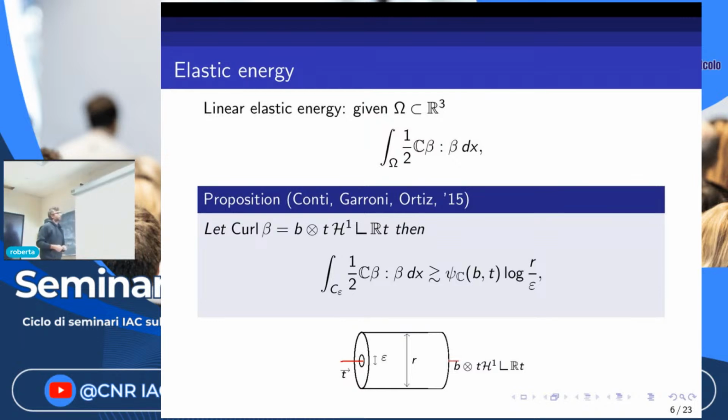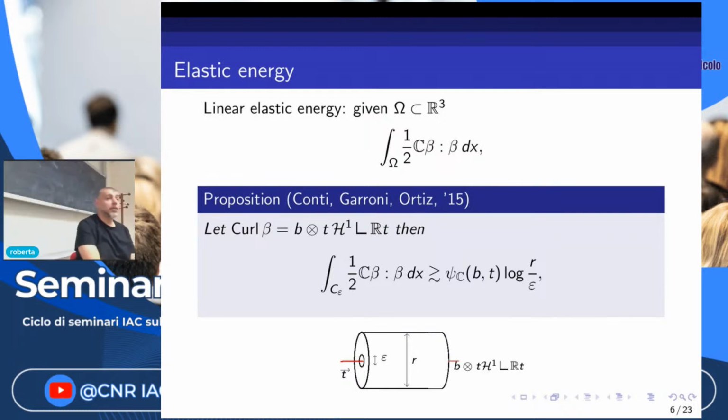As I said before, we would like to insert this analysis into the linear elastic analysis we presented before. So we would like to compute the energy of the strain field of a dislocation, in the same way we did before with linear elastic energy.